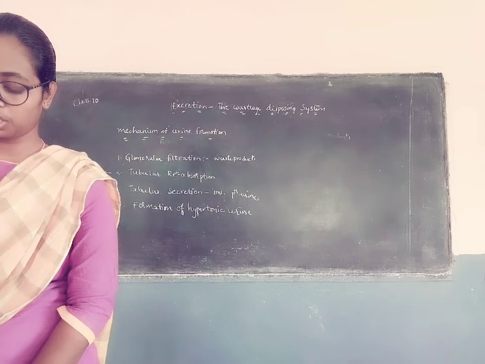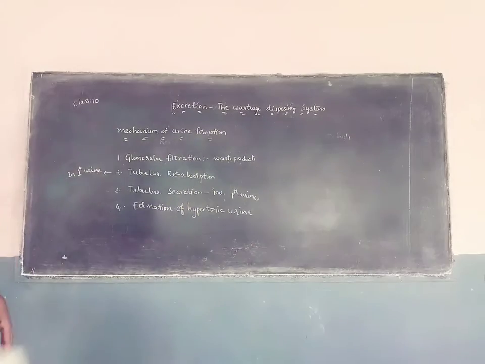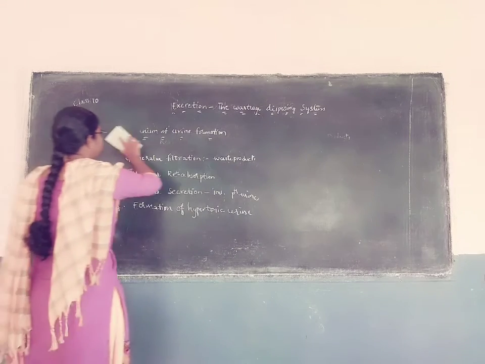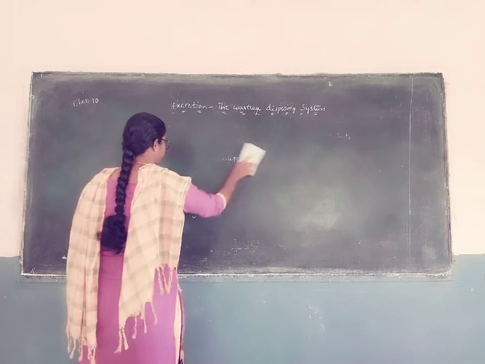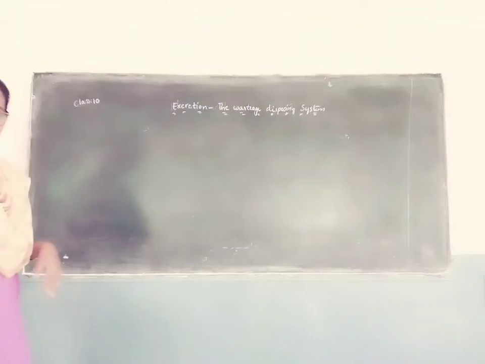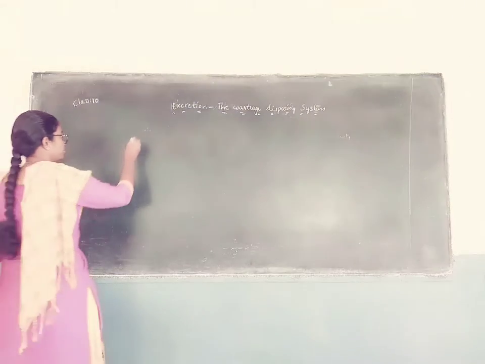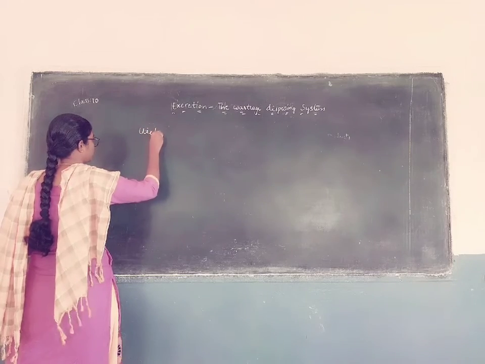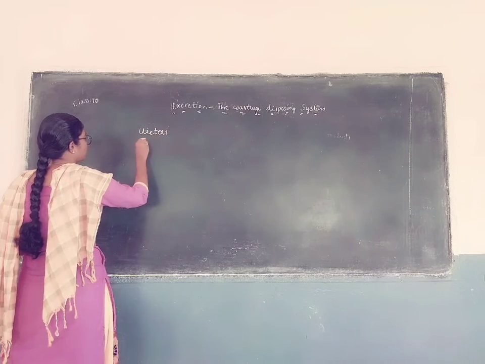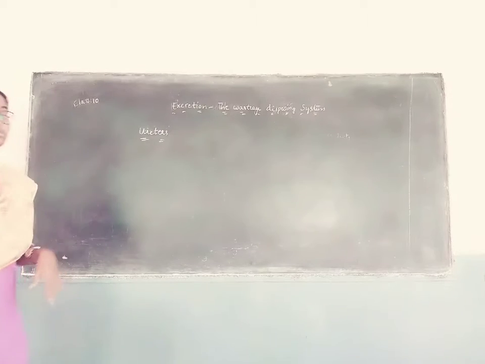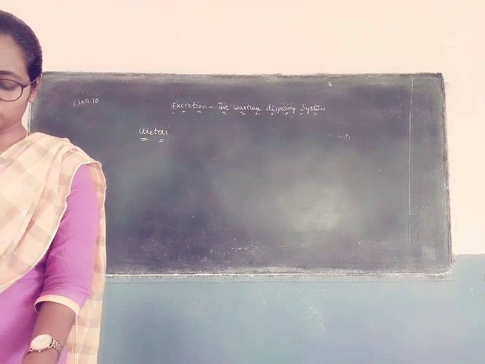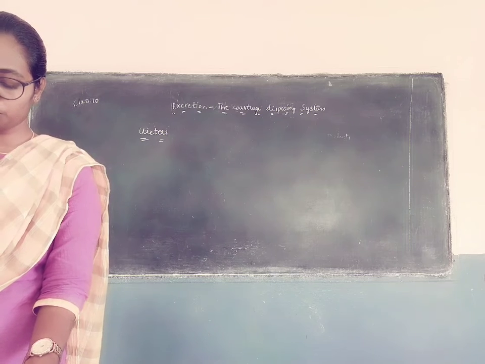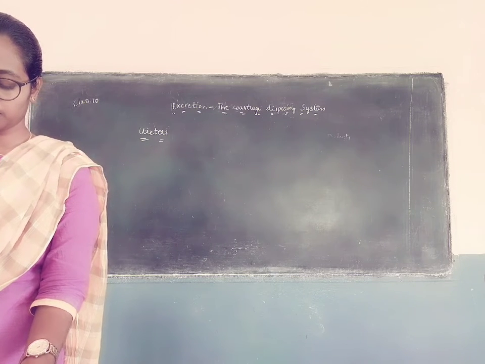Okay, next one, ureters. There are a pair of whitish, narrow, distensible and muscular tubes of 30 cm length.